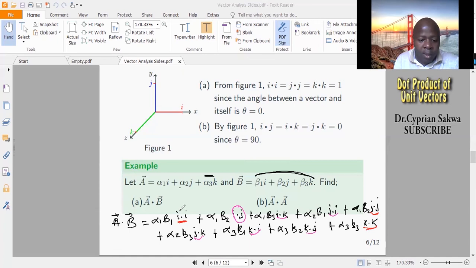So this is 1, 1 times this, you get alpha 1 beta 1. This is a 0 times this would be 0. This is another 0 times this would be 0. This is a 0 times this would be 0. And again, this is a 1 times this, you get alpha 1 beta 2. Because this was j j.